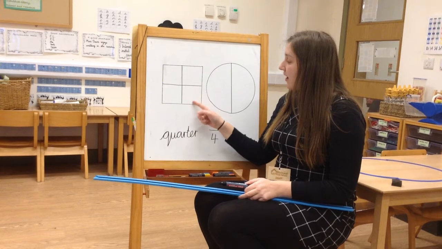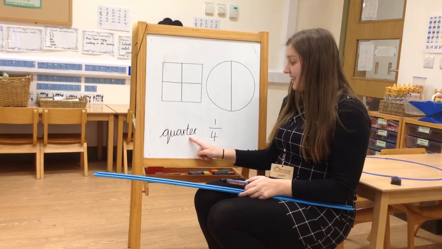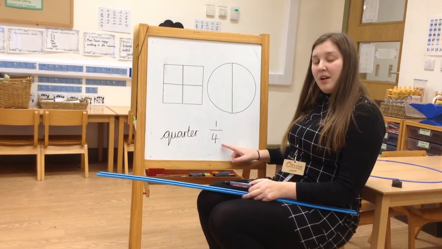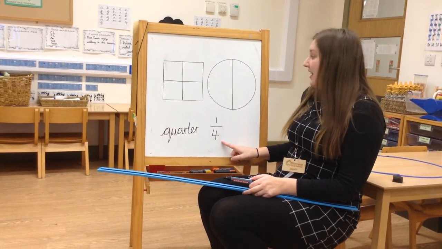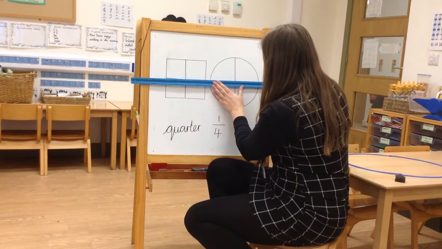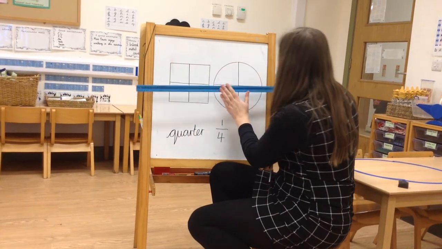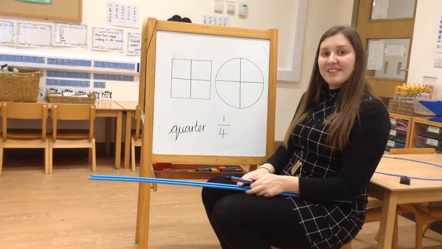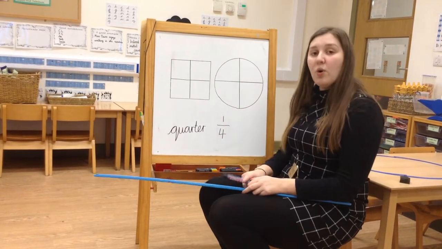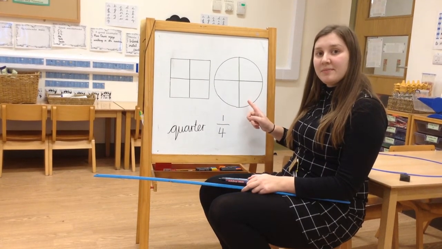One of these parts is called a quarter. You might see it as a word like this or as a symbol like this. Let's do the same with the circle. I'm going to split it into quarters, and now you can see it has 1, 2, 3, 4 equal parts, 4 quarters.